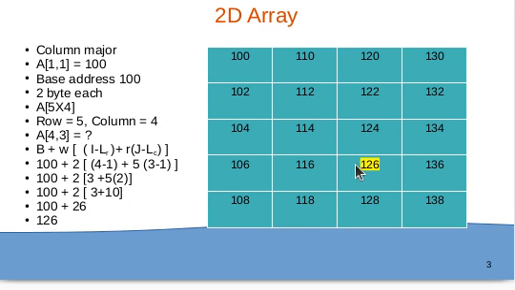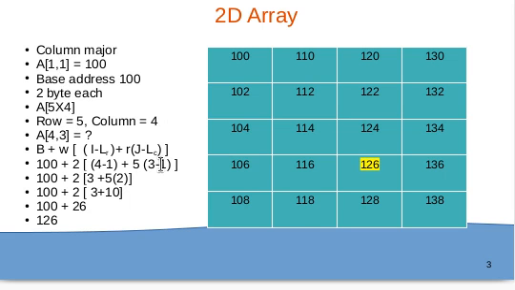So first we have to calculate how many rows there are. Here we have 5 rows. So the number of columns is 3 minus 1, that means this 3 minus the base 1. So 3 minus 1 columns will be calculated with 5 rows.